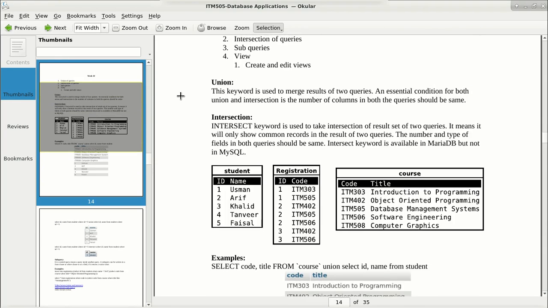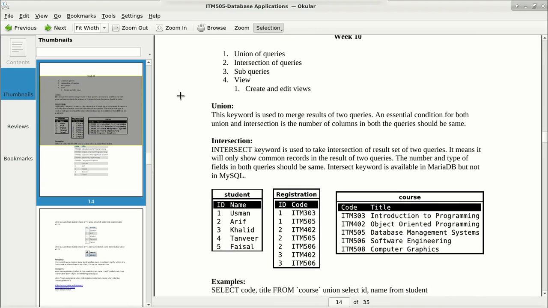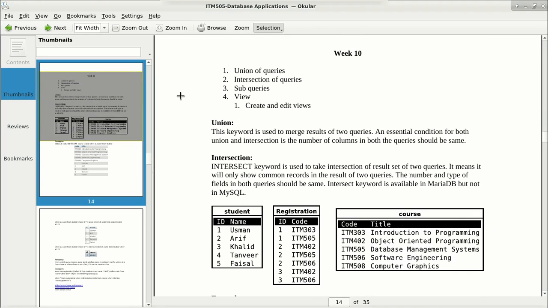The next topic is this one: union and intersection queries and subqueries, and then we will move on to joins.